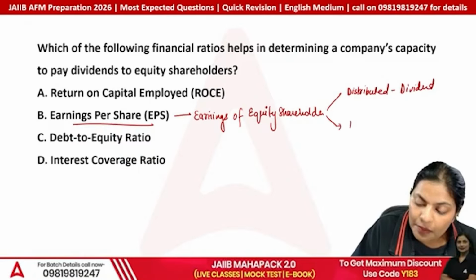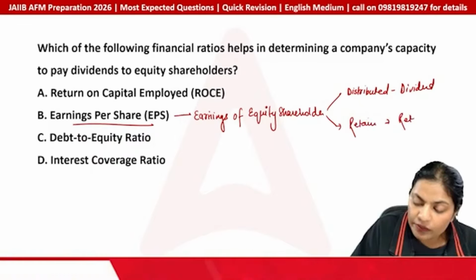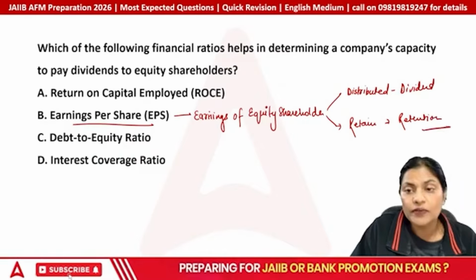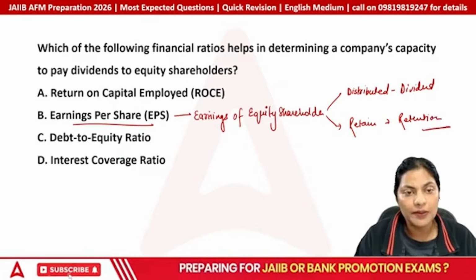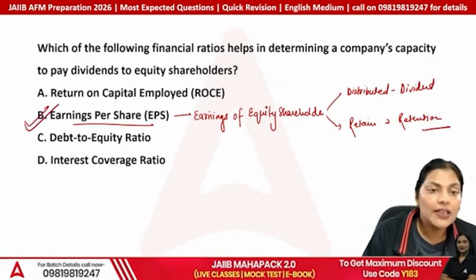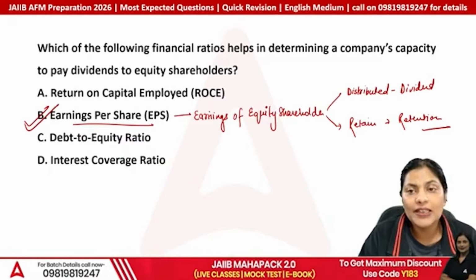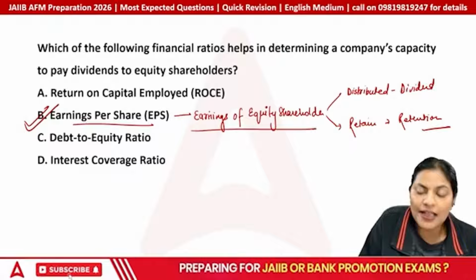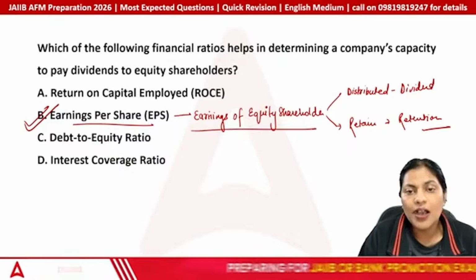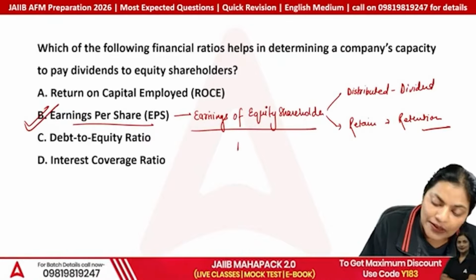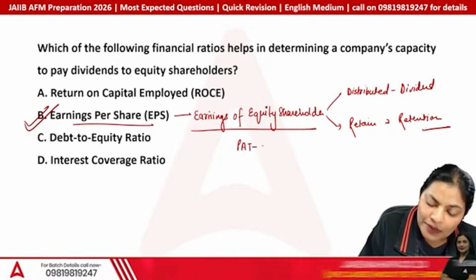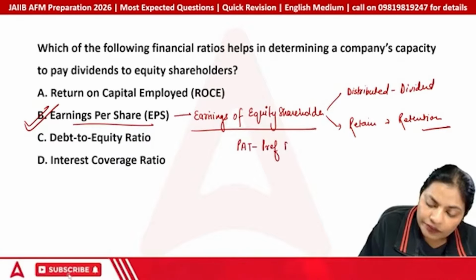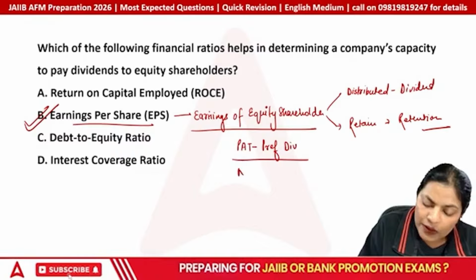Correct. And a part of it is retained, which is called retention for the growth of the company, future growth prospect of the company. So it is earning per share that would help in determining the company's capacity to pay dividend to equity shareholders. These earnings actually are for equity shareholders. They are calculated as profit after tax minus preference dividend divided by number of equity shares.